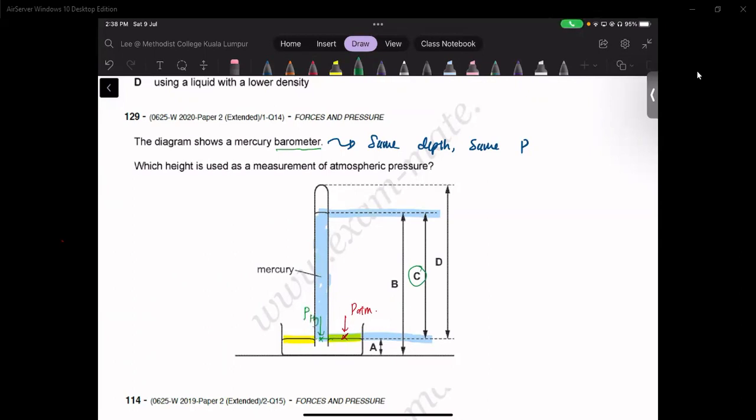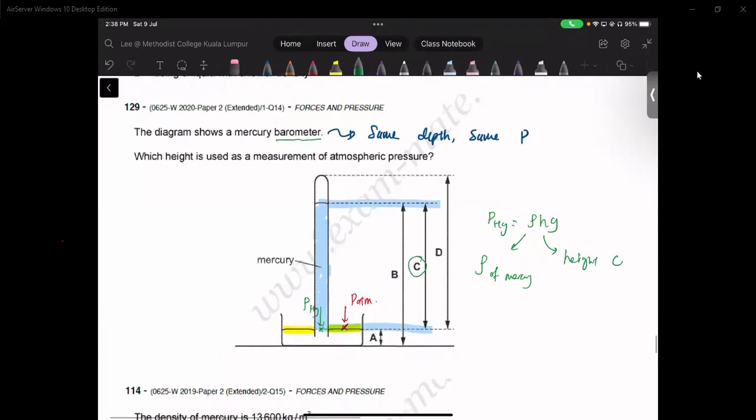So the amount of mercury, the column that is pressing down, is the length of C, because pressure of mercury is rho Hg g h. This one is the density of mercury, and this one is the height C. So this is used to measure the atmospheric pressure, because the atmosphere is this one.